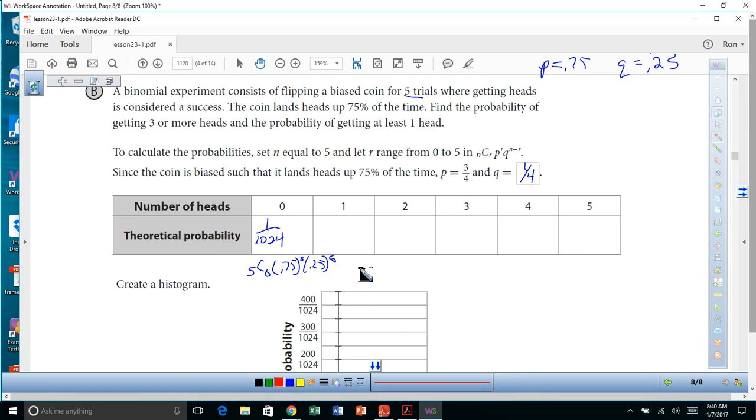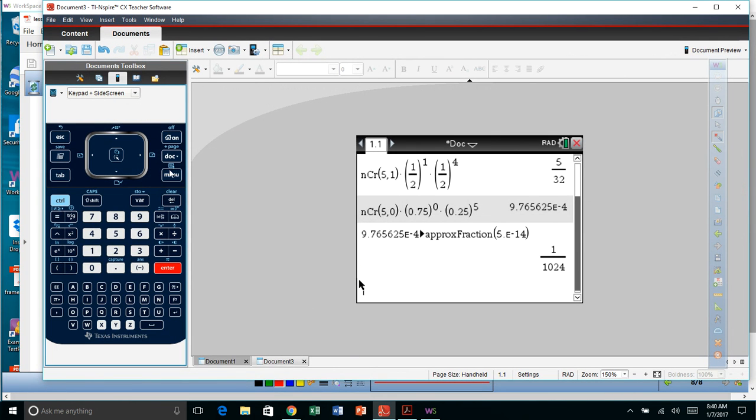For 1, that's going to be 5 choose 1, 0.75 times 0.25. That's going to be to the 1st power, and that's going to be to the 4th power. All right, and we'll do that in the calculator as well.